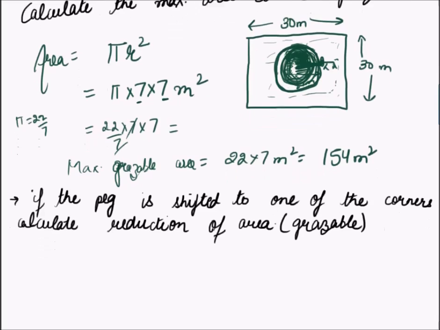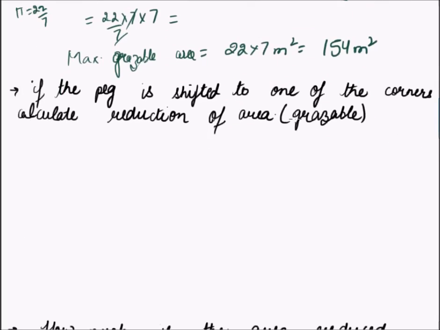The second part of this question says if the peg, that is the element with which the rope is tied with the ground, is shifted to one of the corners, calculate the reduction of area. Friends, we have the circle. Now the peg is shifted to one of the corners, that is over here or here or any of the 4 corners.